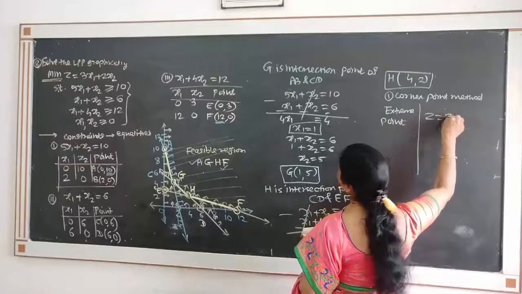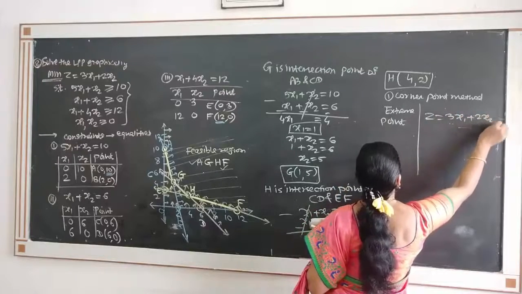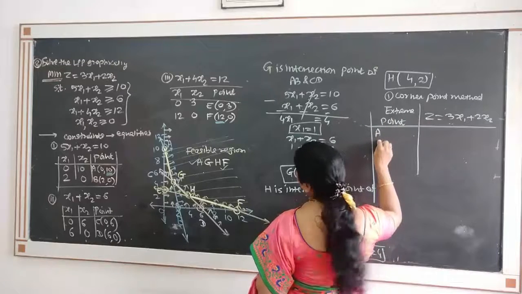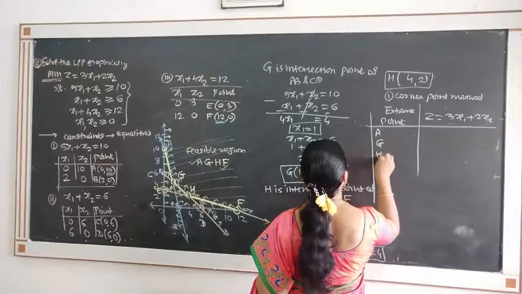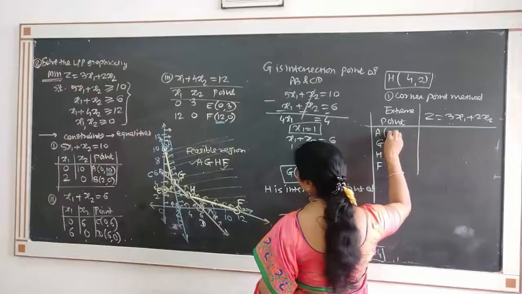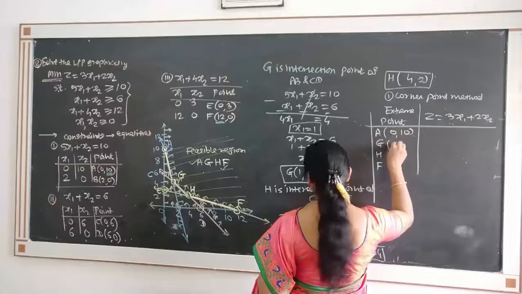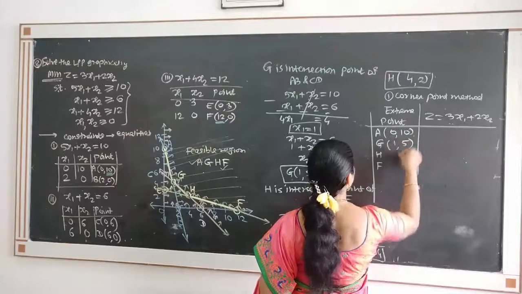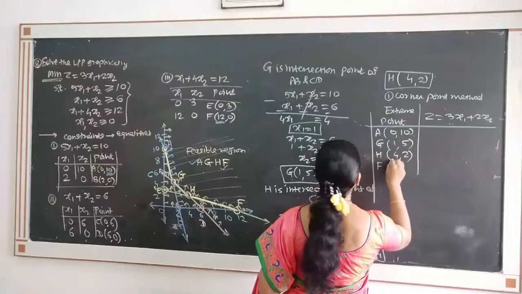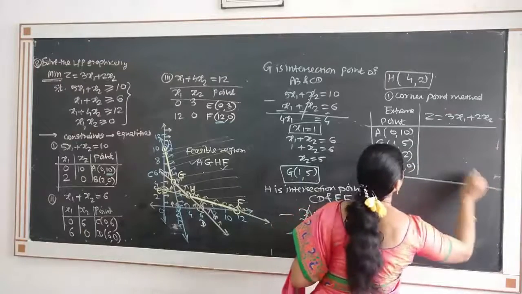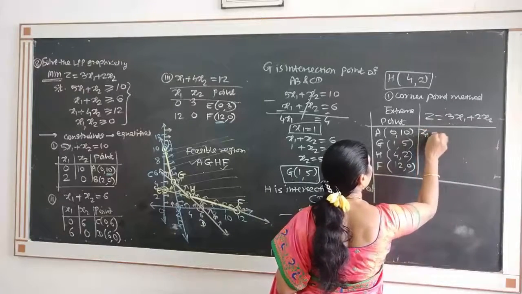Z is nothing but 3x1 plus 2x2. The corner points are A, G, H, F. A point is (0, 10). G point is (1, 5). H is (4, 2) and F is (12, 0). At these four corner points, we find the value of Z.